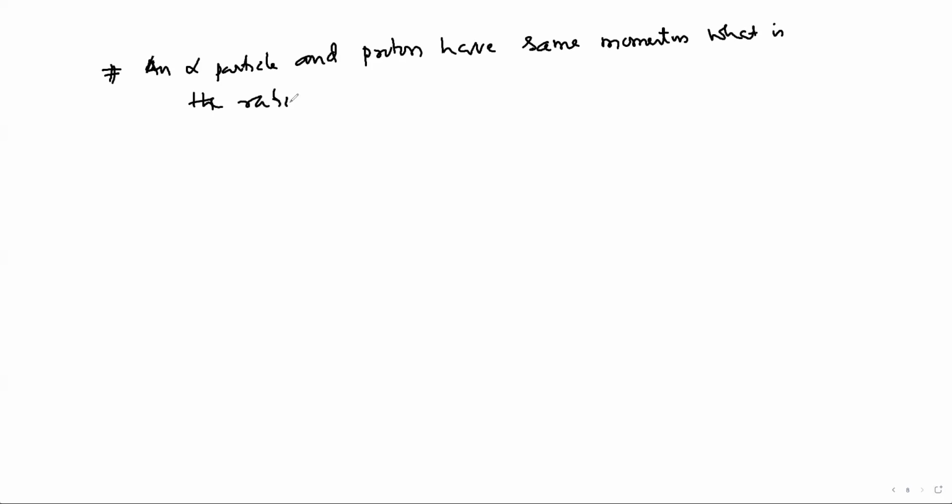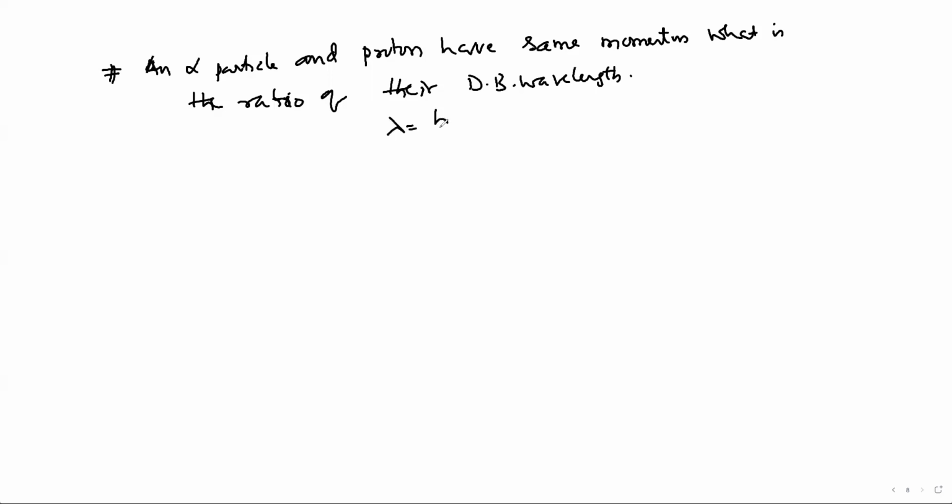An alpha particle and a proton have the same momentum. What is the ratio of their de Broglie wavelengths?